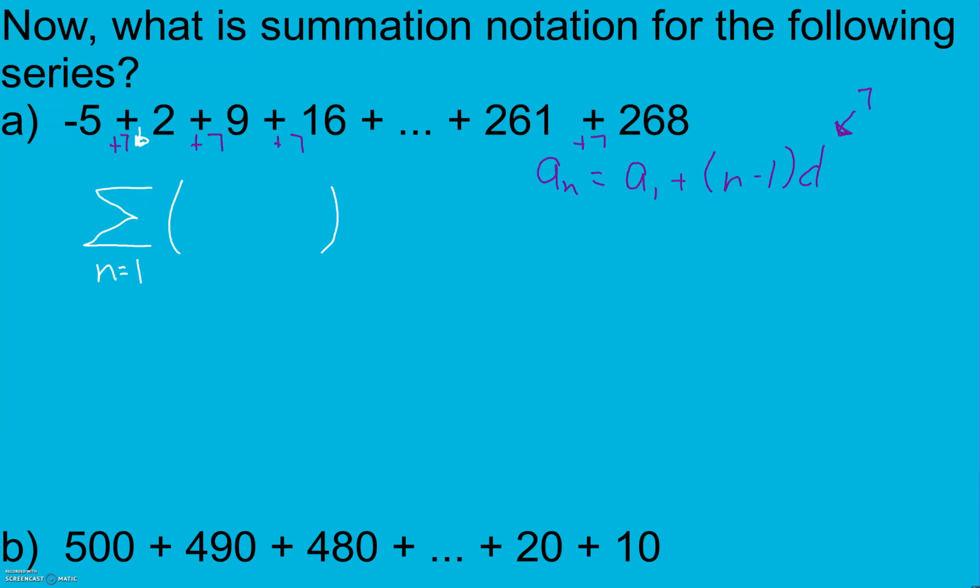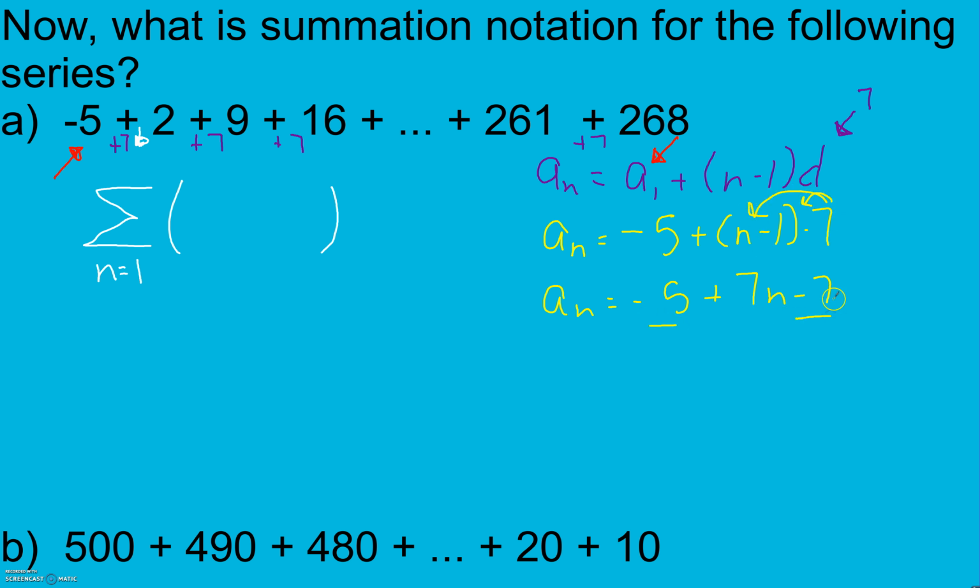Our first term is negative 5. So we can plug those in. a sub n equals negative 5 plus n minus 1 times 7. I'm going to go ahead and simplify this. And again, all I did is distribute here.